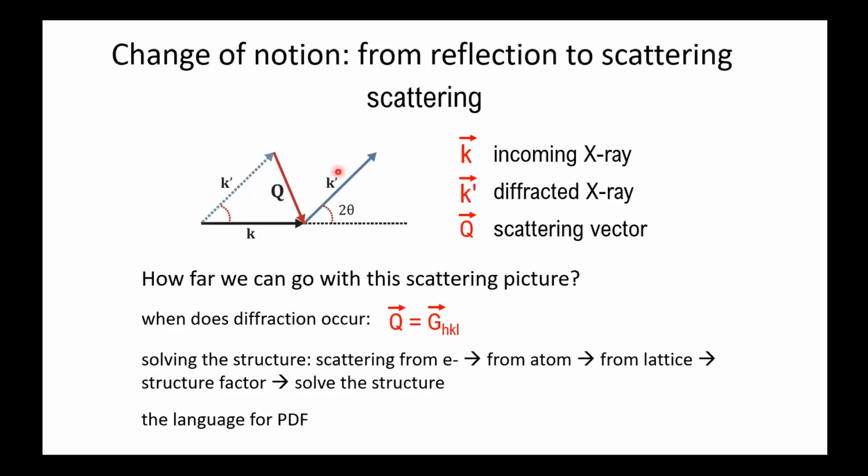And this picture is also the basis of solving the structure. What I mean is that solving the structure has come a long way, from people first analyzing scattering from a single electron, then from atoms, which is mostly by the valence electrons.